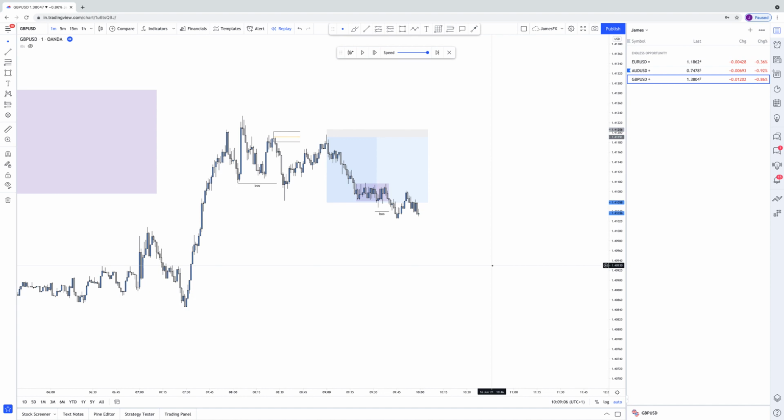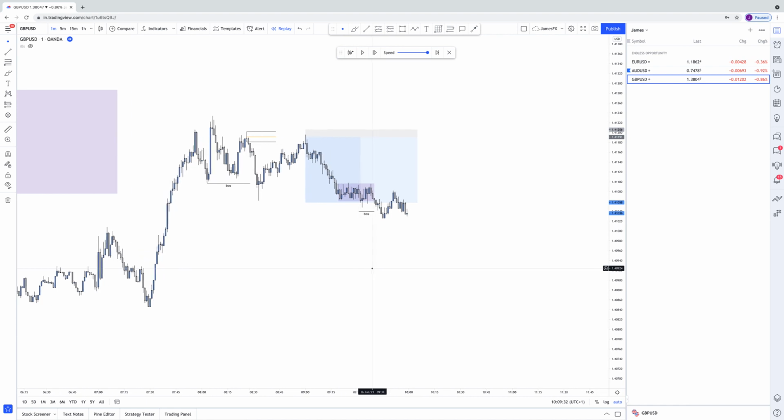Because what you'll see is, if we get say 2, 3, 4 entries like this of continuations, what we then get after is a deeper pullback before price continues, and that's just grabbing liquidity before price continues, which may be mitigating something that was left. So that's the reason why I'm also not scaling in too often.